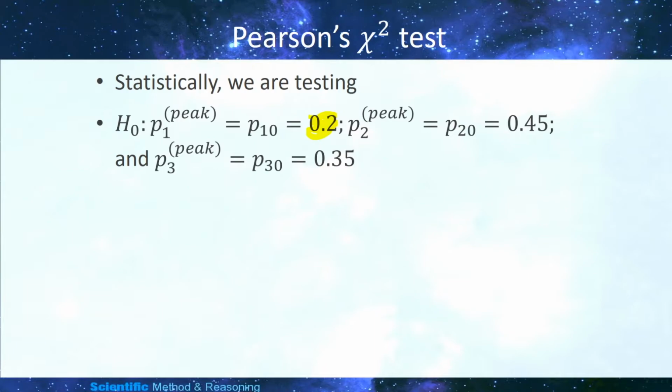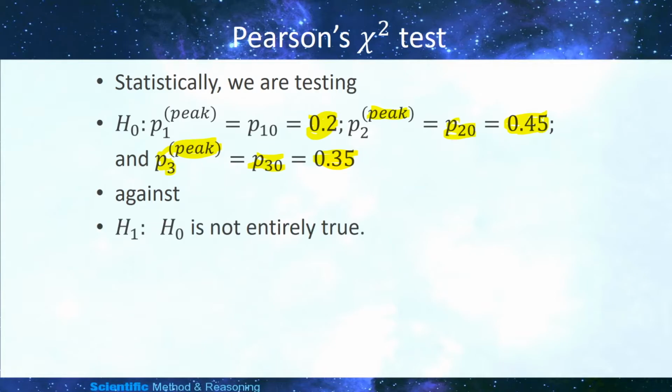And P2 Peak, the proportion of middle class people at the Peak, equals P2 naught, the hypothesized value equals 0.45, which is the value of the Hong Kong population. And P3 Peak, the proportion of lower class people at the Peak, equals P3 naught equals 0.35, which is the population value of the Hong Kong population.